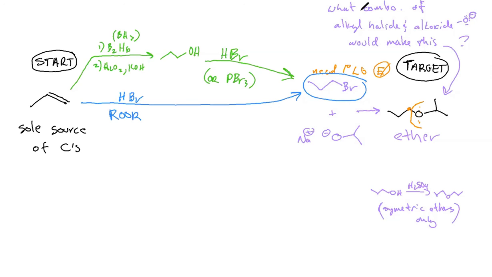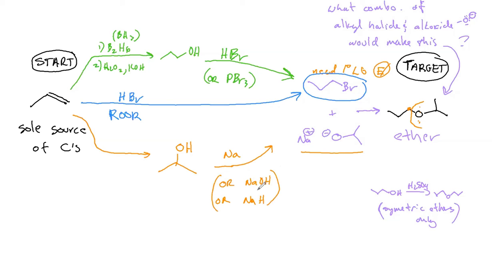Then the last thing that we need to do is to create our oxygen anion. We're going to need 2 steps for that. And the first step is going to be to get the oxygen on that center carbon to begin with. So if we can make this alcohol, then we can use either sodium metal or sodium hydroxide or even sodium hydride.